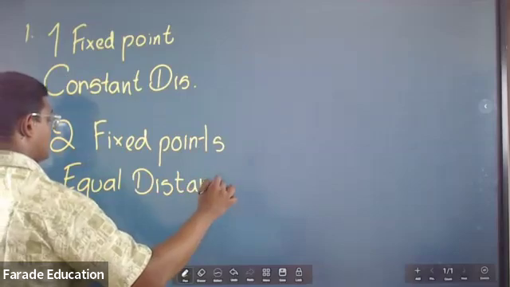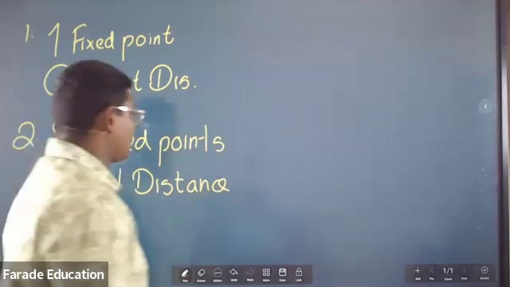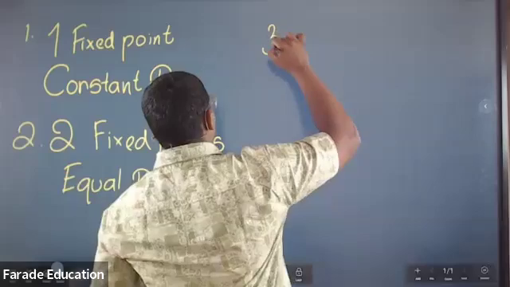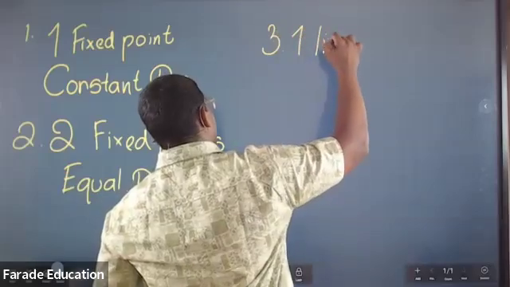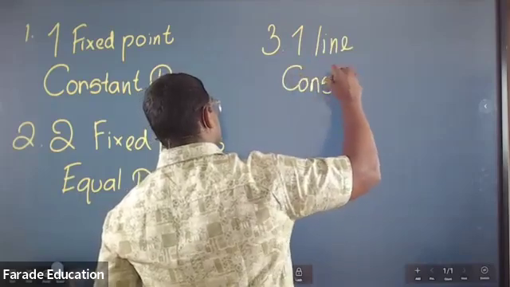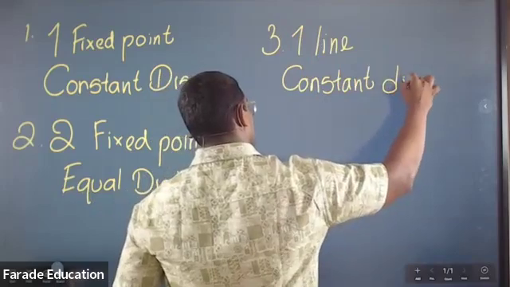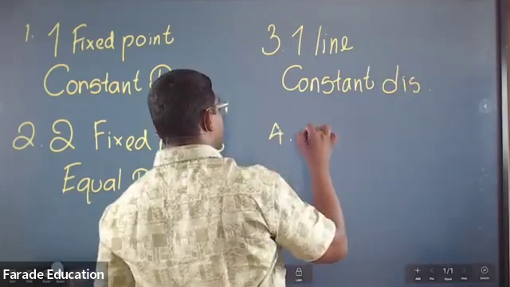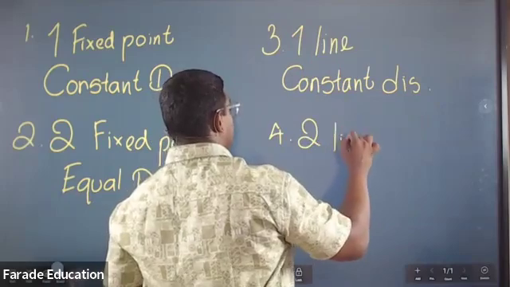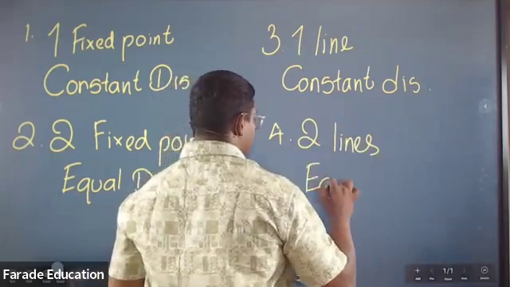The first one is one fixed point at constant distance. The second one is 2 fixed points at equal distance. The third one is a line, with the point traveling at constant distance. The fourth one is 2 lines, with the point traveling at equal distance.